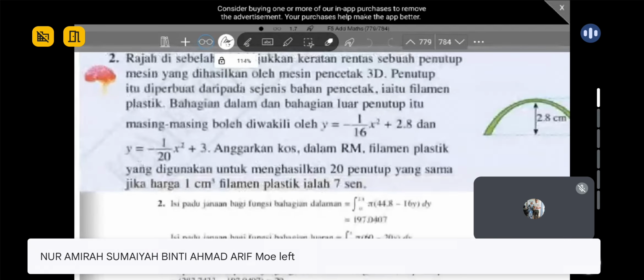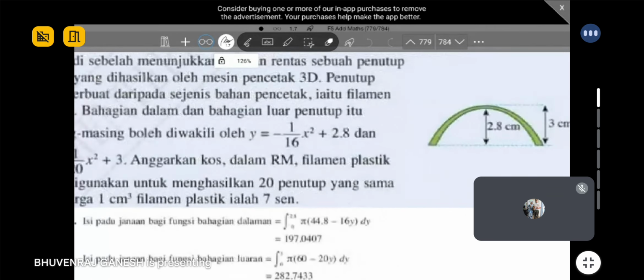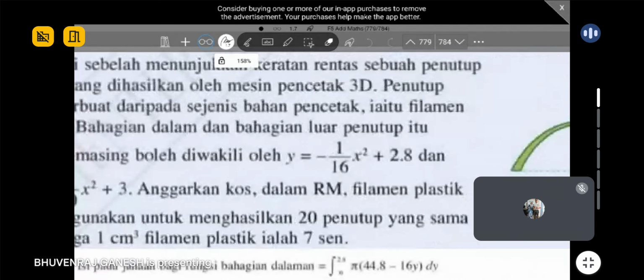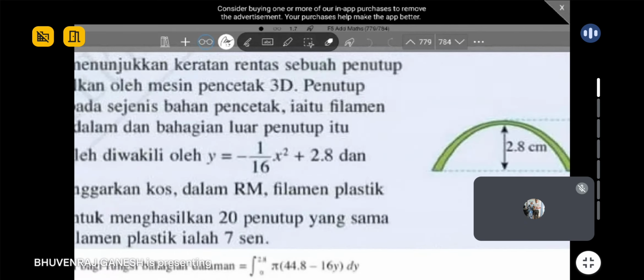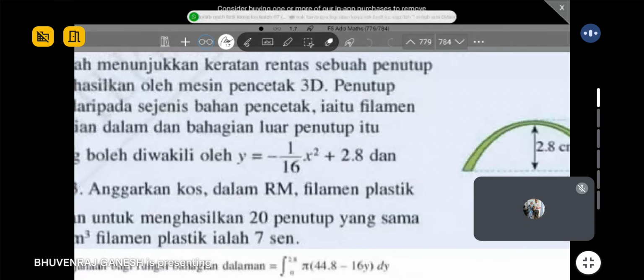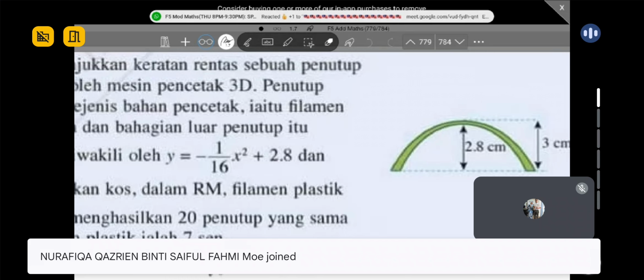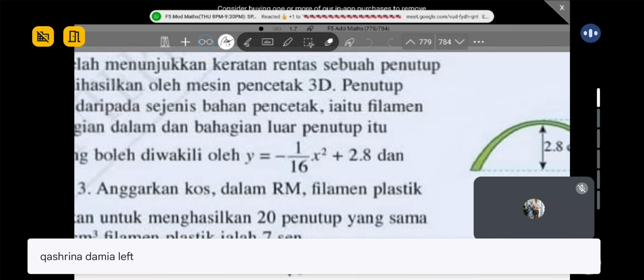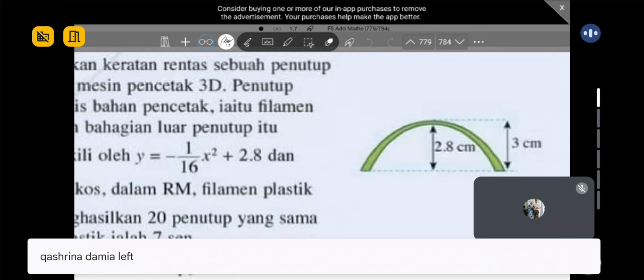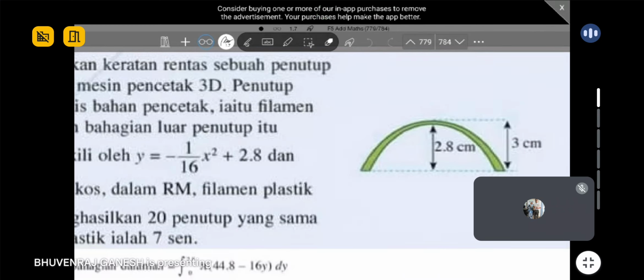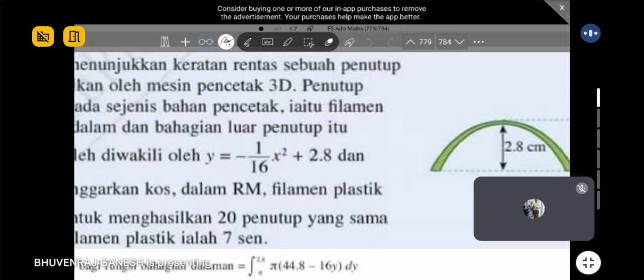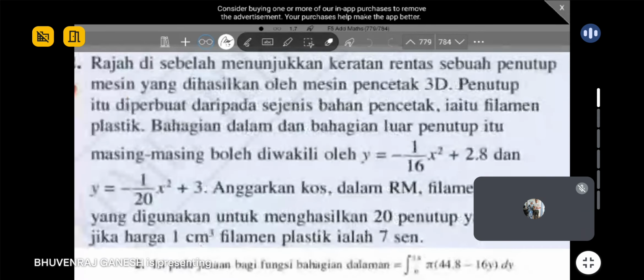Question number 2. More on aplikasi harian, daily life question. So you can see this graph. They give you this equation. What you must do is find the cost of building this thing. Cost yang digunakan untuk membina. Okay guys, so how do we find the cost?